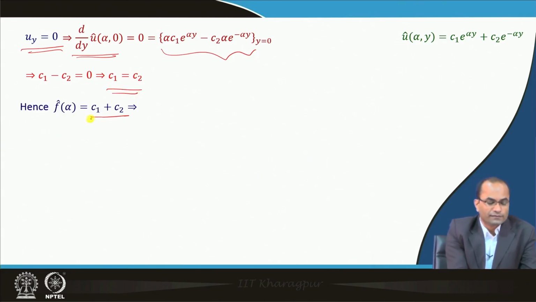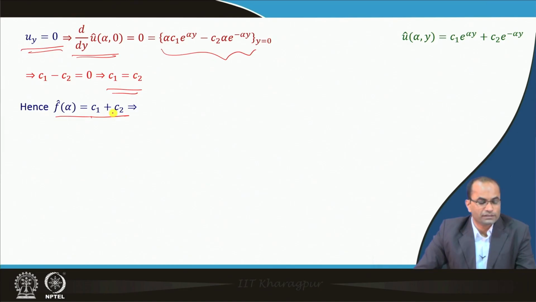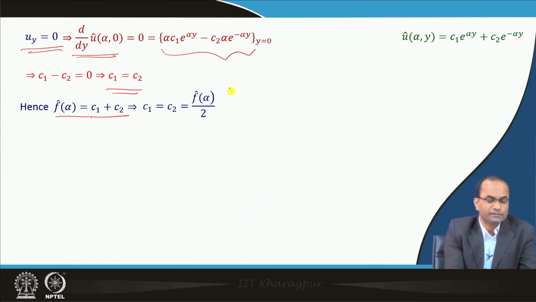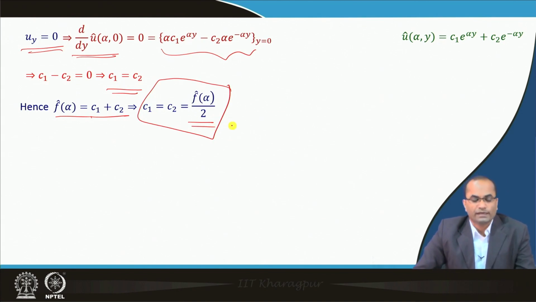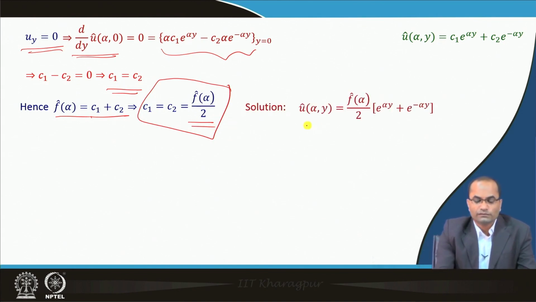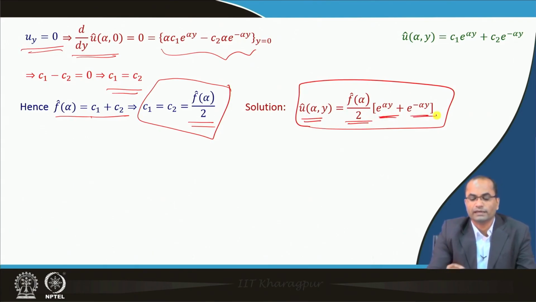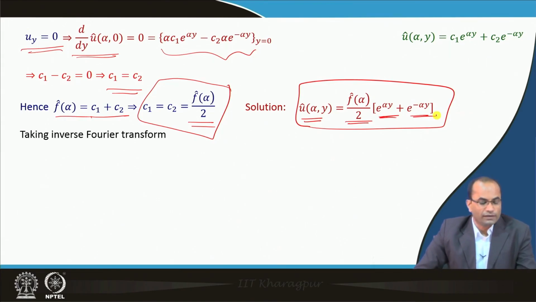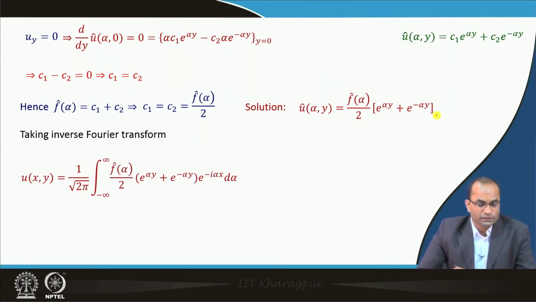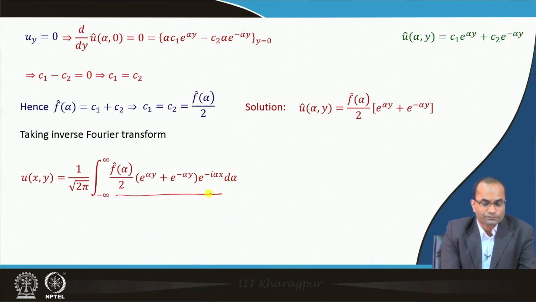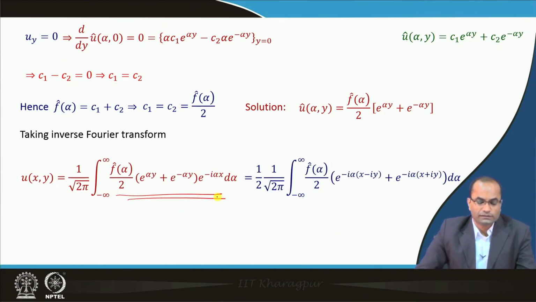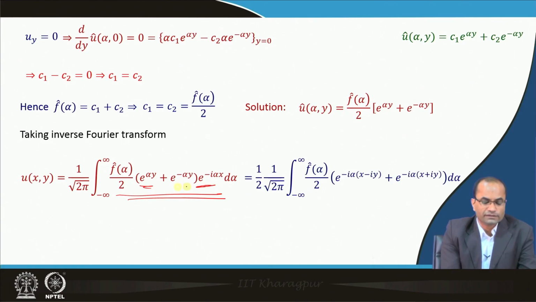So, we can get this c 1 plus c 2 is equal to f hat alpha, that means c 1 is equal to c 2 is equal to f hat alpha by 2. So, its solution we can write down now in this form, u hat is equal to f hat by 2 times e power alpha y and e power minus alpha y. So, taking now its inverse Fourier transform, we can just club these exponential functions, because this time now we have the exponential function.